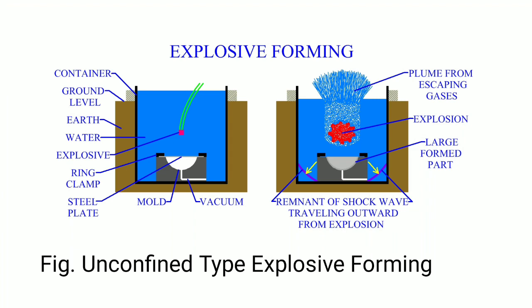Then we require water as a medium for the explosive. Then proper clamping is required for the workpiece, a steel plate, which is called the workpiece. Then the mold or die that gives the final shape, and we require the vacuum.